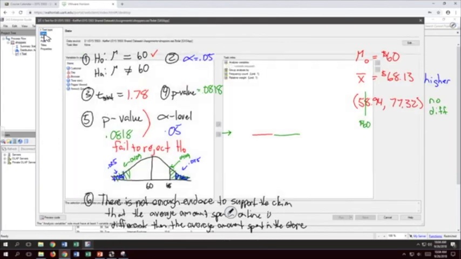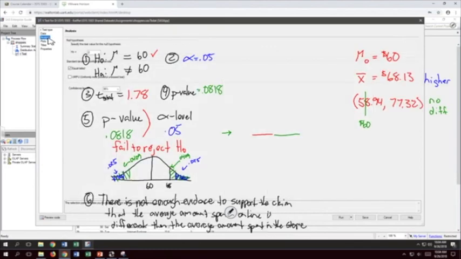Then you go to the data, same idea, we're going to choose amount spent. We're going to go to analysis, and here's where we get to plug in what our null hypothesis is. 60.